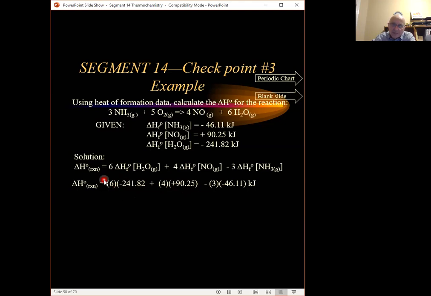The first one is negative. The way I'm going to do it in the calculator is I'm going to write 4 times 90.25 plus 3 times 46.11 minus 6 times 241.82. I always double check that to be sure I get my signs right. It's awful easy to make a mistake. So be very, very careful when you do the math on a problem like this.